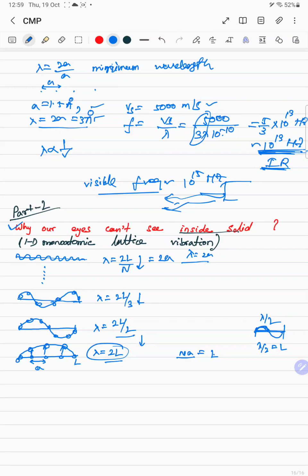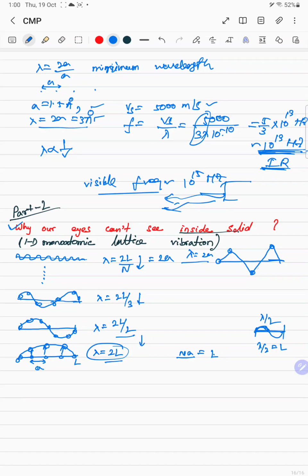And if you look at this mode microscopically, that is if you zoom into it, just like there are multiple atoms, and if you zoom into it, it will look like there is one atom here, one atom here, one atom here. No, here there will be no atom. It will look like this.